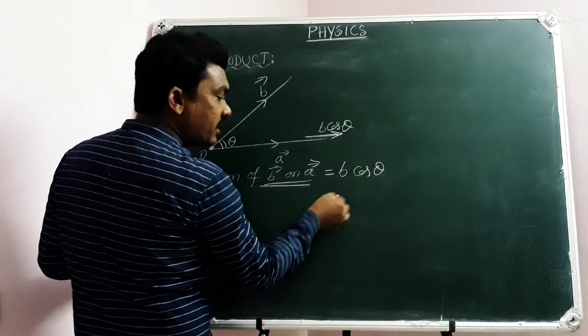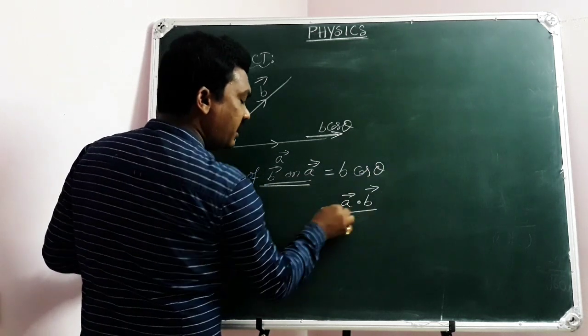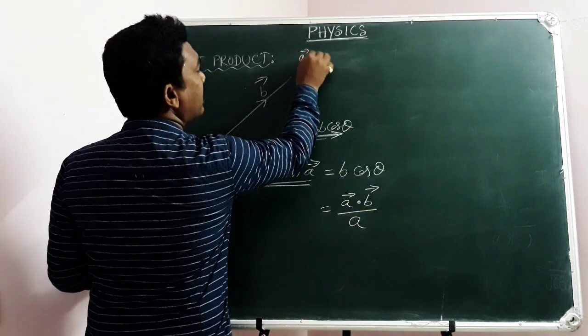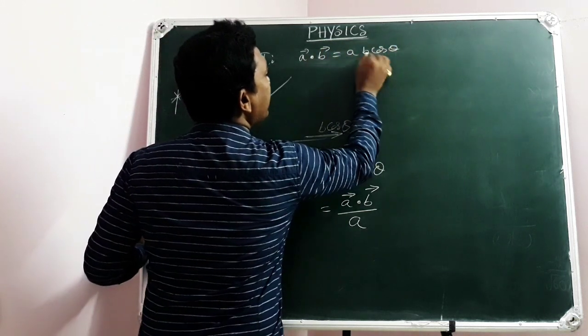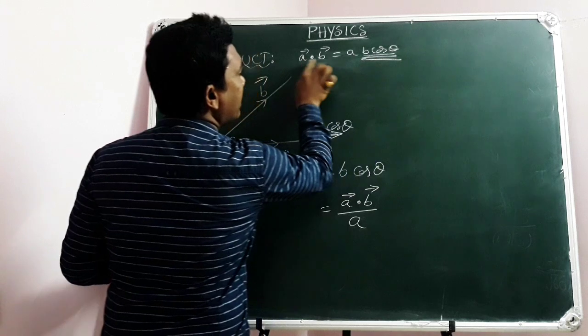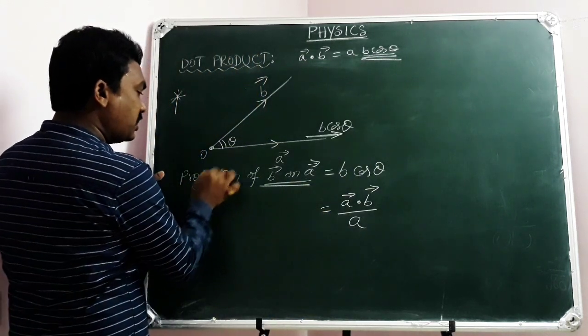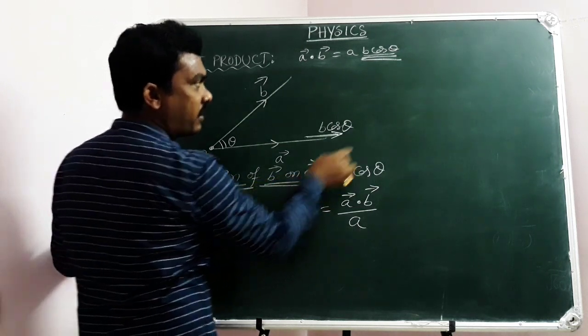But B cos theta can be written as A bar dot B bar by A, because you know very well the dot product A bar dot B bar equals AB cos theta. So B cos theta can be written as A bar dot B bar by A. This is the projection of B bar on A bar.